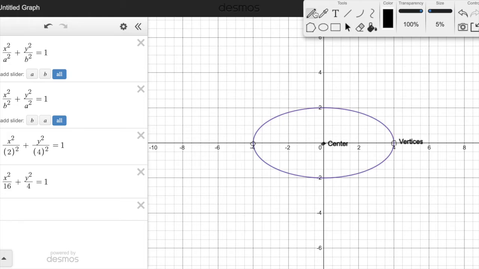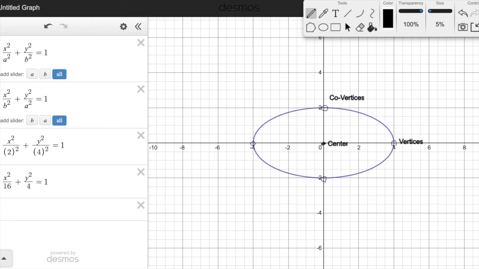Going off of vertices, we also have the flattened side. Those do get names, and that would be a covertex. So similar idea. Those are called the covertices, so they're just the flattened version. So this is the main one, and that's the covertex.